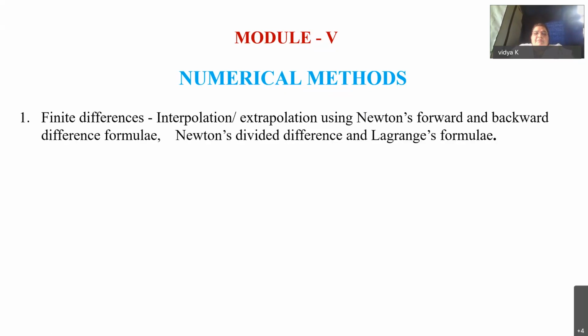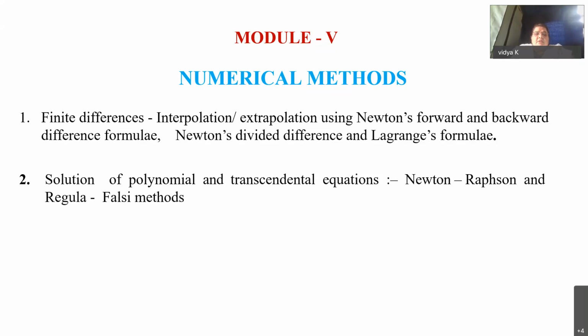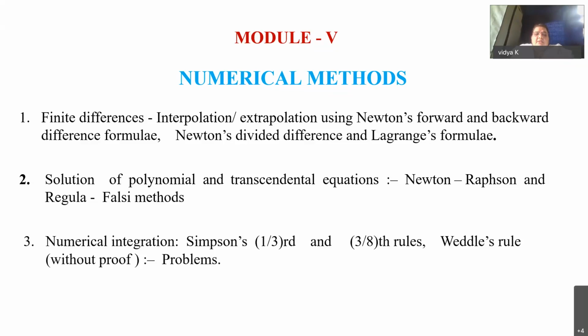Next, how to solve algebraic and transcendental equations using two methods, which are Newton-Raphson as well as Regula Falsi method. And lastly, how to do numerical integration using three formulae that are constrained in your syllabus. There are many formulae, but your syllabus is constrained to those three.